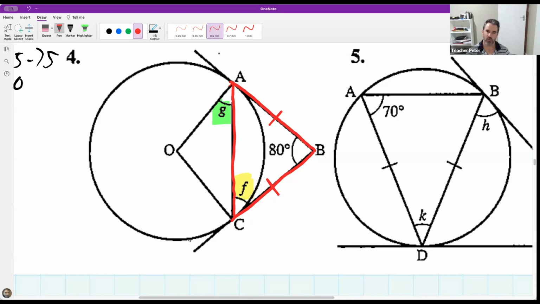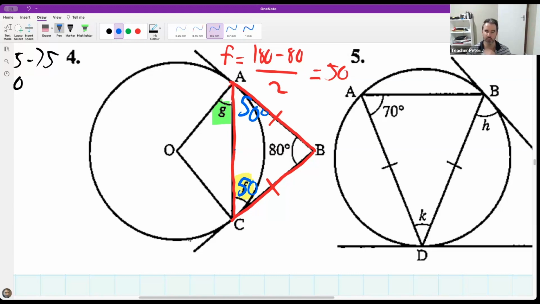So we can say that F should just be 180 minus 80 divided by 2. And that would be because of the tangents from the common point give you AB equal to BC, and then the sum of angles in a triangle, and you should get 50. So F is 50, and this is also 50.